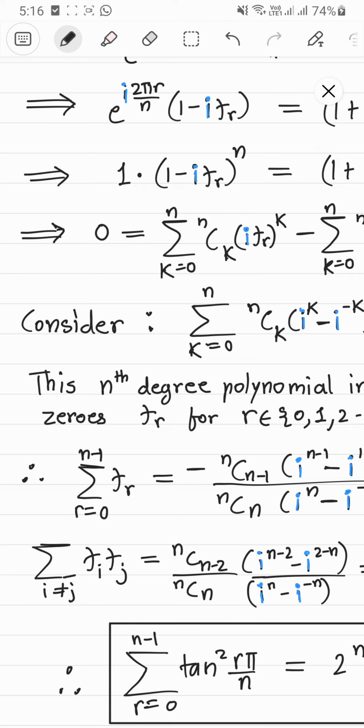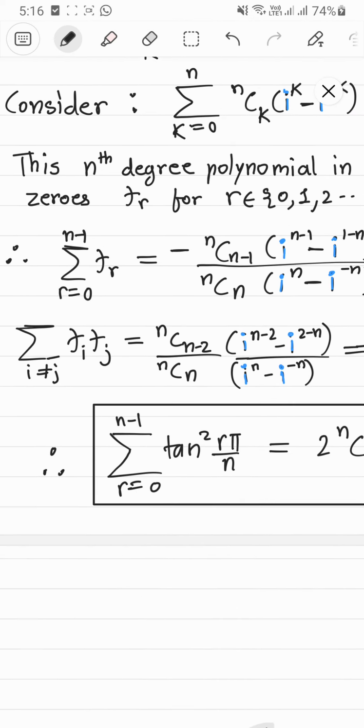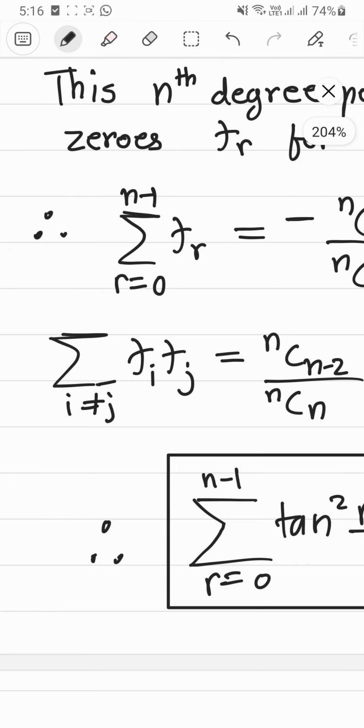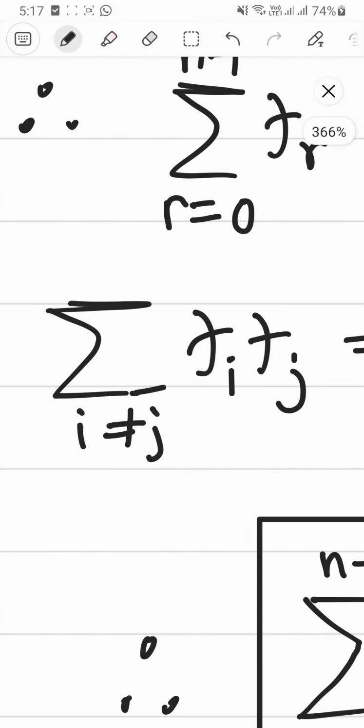Cool. And then the summation of t_i t_j. This summation is for all values of i and j that you can get, such that i is not equal to j, and also there should not be a repetition in there. So t_i t_j and t_j t_i are not distinct, right? You cannot have t_1 t_2 and t_2 t_1 both in the summation.